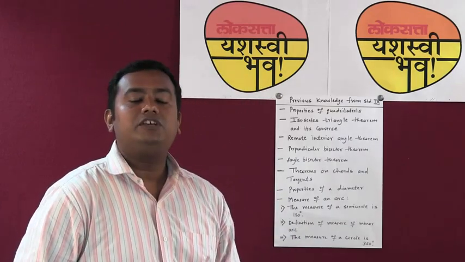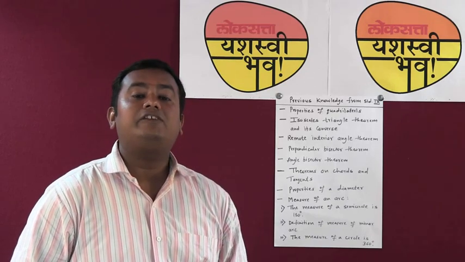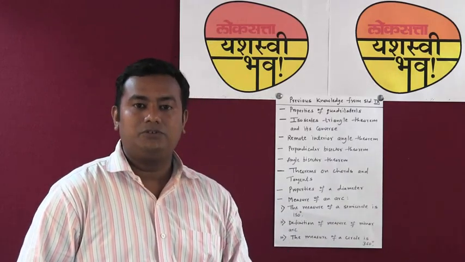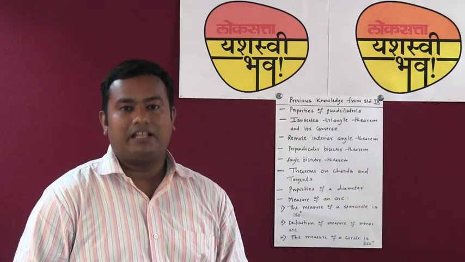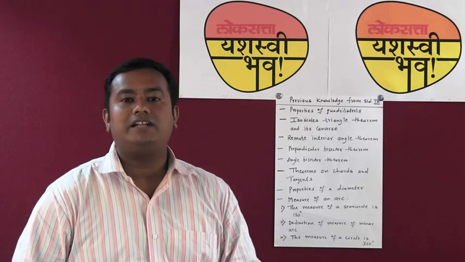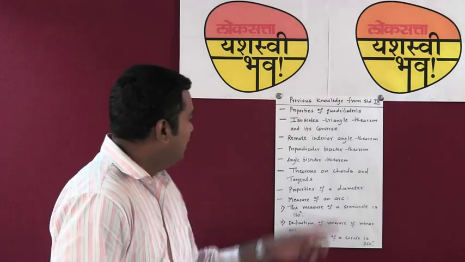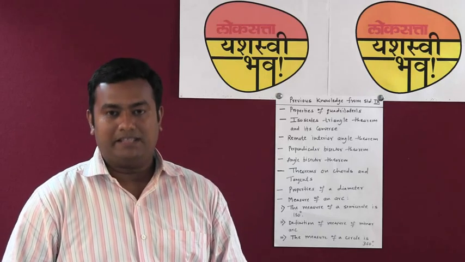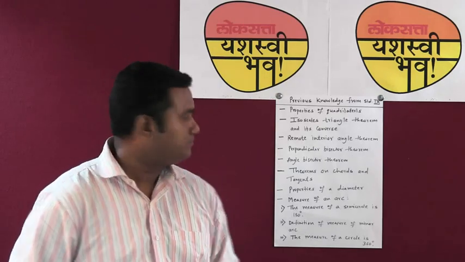Exterior angle theorem we use when we are talking about something called inequality, and when we talk about remote interior angle theorem, the measure of exterior angle is equal to sum of the measures of remote interior angles. So again, if you are not clear, then open the book of standard 9 and get the things clear. Then we have two theorems on locus in standard 9 textbook. One is perpendicular bisector theorem and the second one is angle bisector theorem.